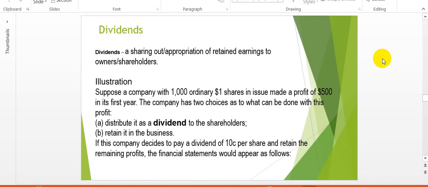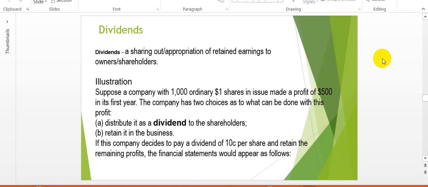So a dividend is a distribution of profits to the shareholders, or it can come out of the retained earnings of the business.